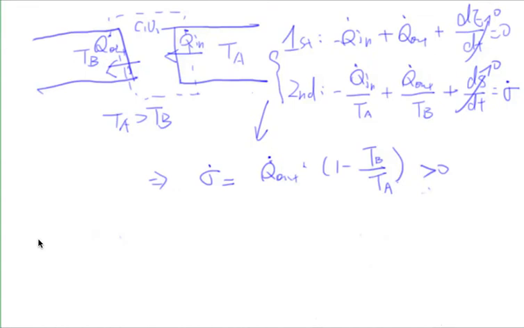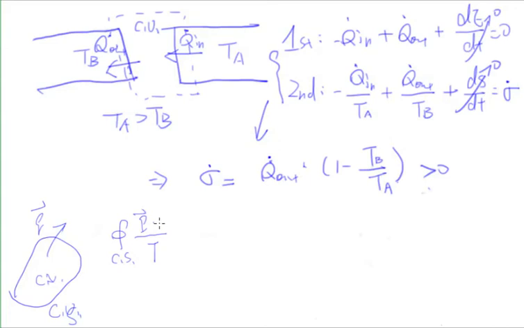Let's take a look at a more general case. Suppose we have a general control volume like this. We're going to look at the entropy generation due to heat transfer across the control volume boundary. And we're going to apply Green's law, which converts a surface integral into a volume integral.